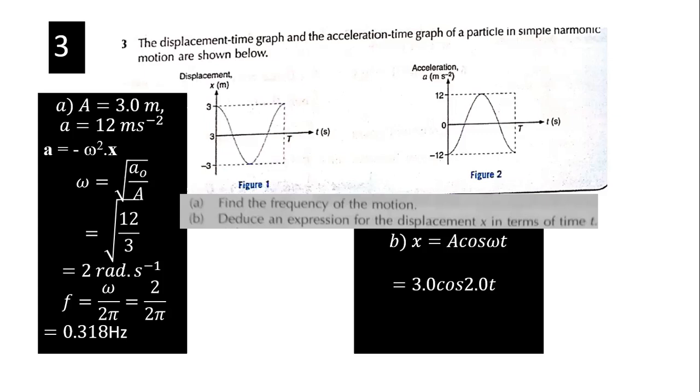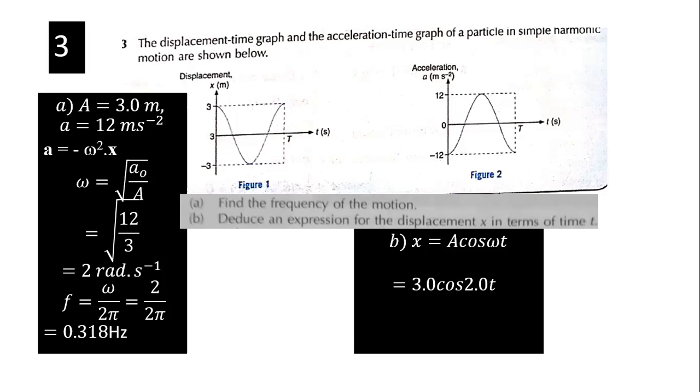Okay. How about acceleration? What is the equation? Acceleration. Hmm. MS -2 lah, teacher. What is it? Meter per second square. I want the equation. The equation for the graph.